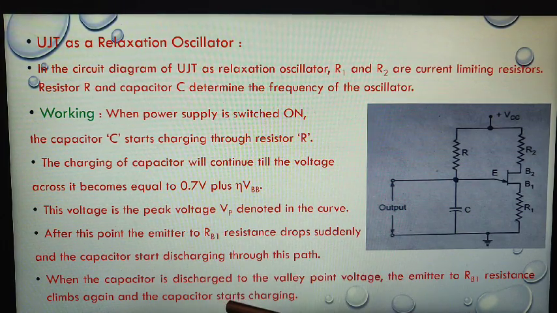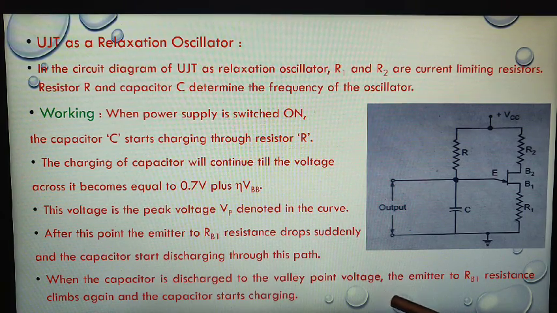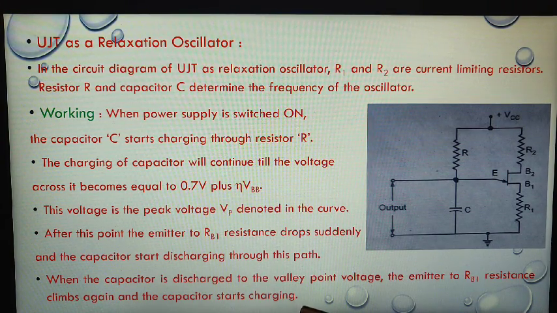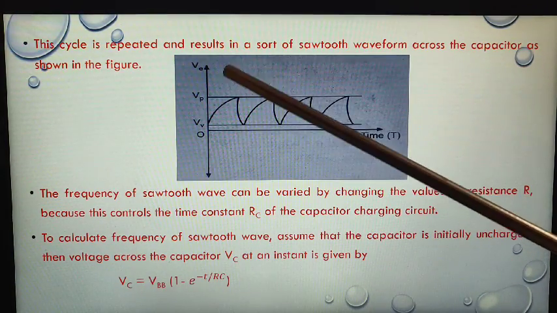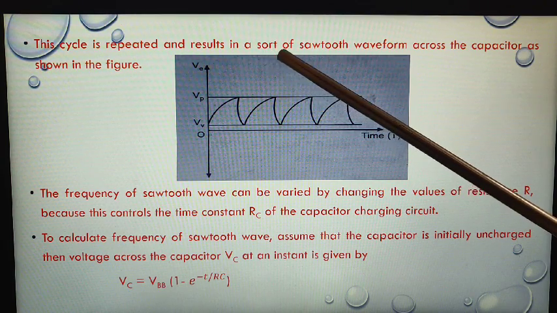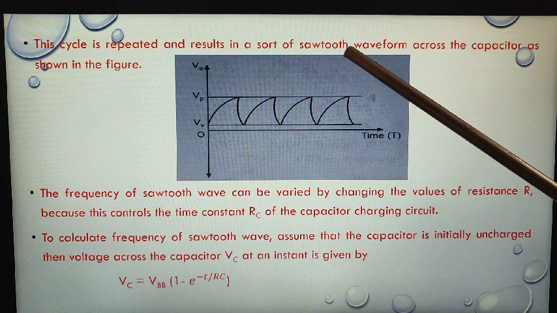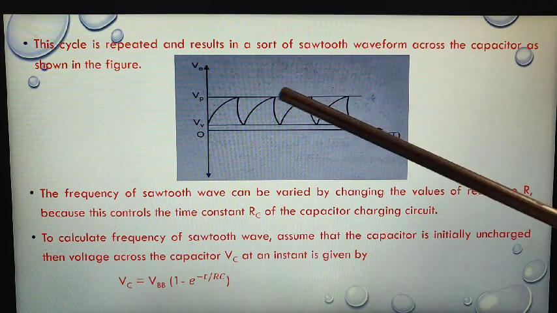When the capacitor is discharged to the valley point voltage, the emitter to RB1 resistance climbs again and the capacitor starts charging. This cycle is repeated and results in a sort of sawtooth waveform across the capacitor as shown in the figure.